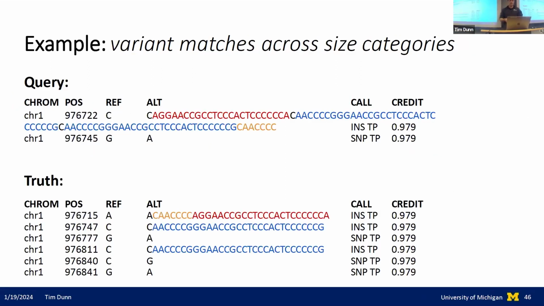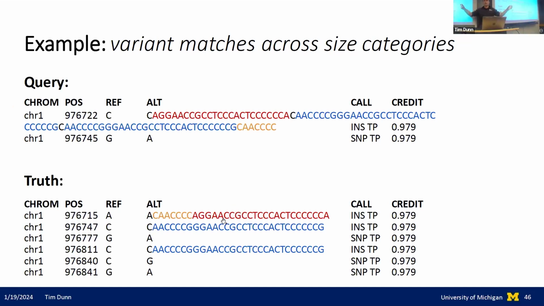And if we look at this example here, there is an issue with evaluating them both separately, because now that we have intelligent variant comparison, we will find cases where a large structural variant is actually equivalent to multiple smaller variants.